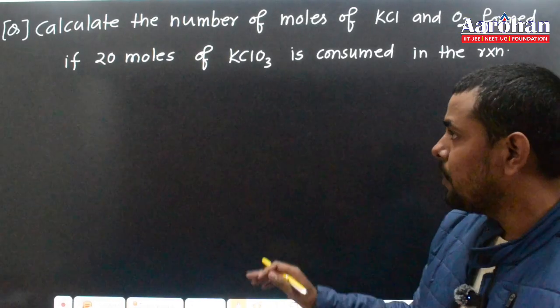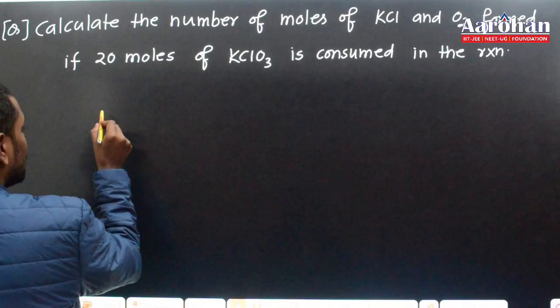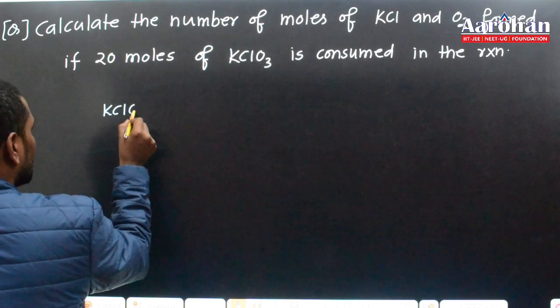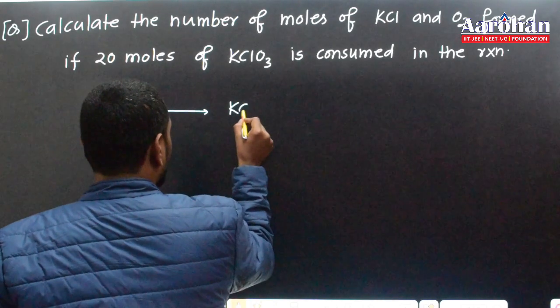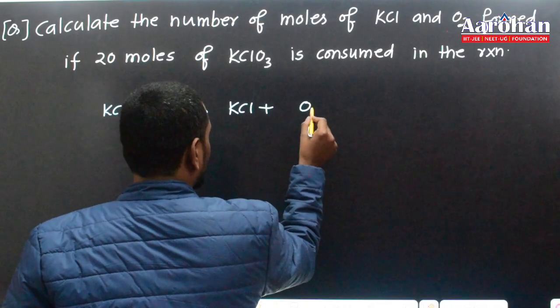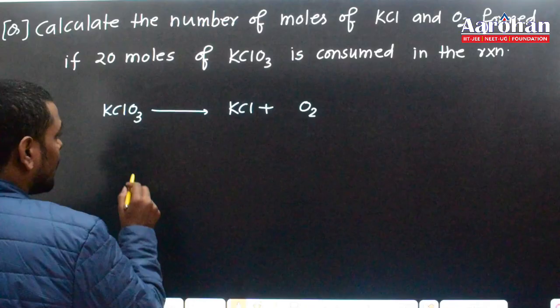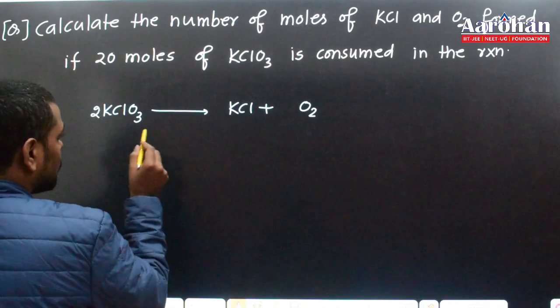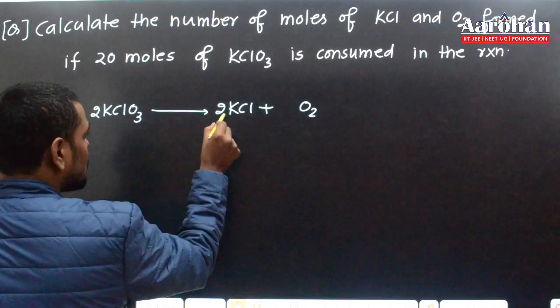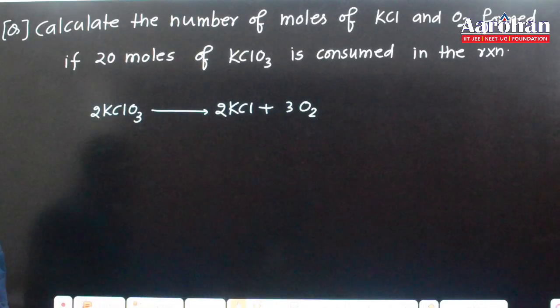I hope everyone has tried this question. What is given, if KClO3 reacted, then it will form KCl and O2. If we balance this reaction, then we can see that here 2 KClO3 is required to form 2 KCl molecules and 3 O2. This is the balanced chemical reaction.